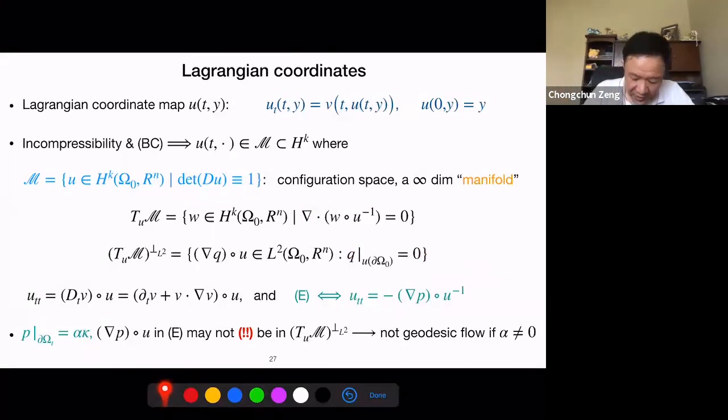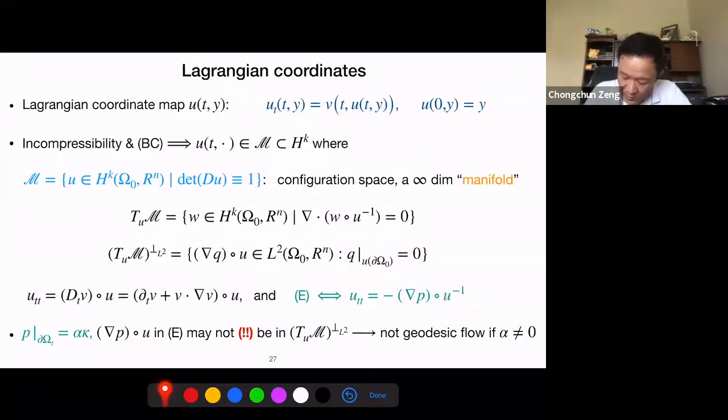In the same way, you can write the Euler equation in the Lagrangian coordinates as the second order time derivative of the Lagrangian map is equal to minus the gradient of the pressure. But this time the pressure on the boundary, for example, when there is surface tension, is equal to a constant times the mean curvature. So this may not be equal to 0. When this is not equal to 0, then this term may not be in the orthogonal complement of the tangent space.